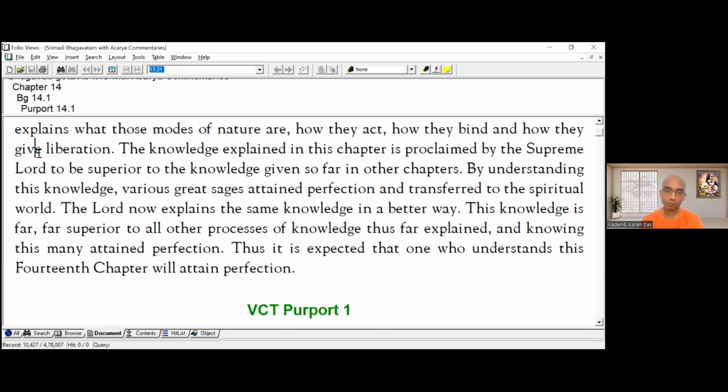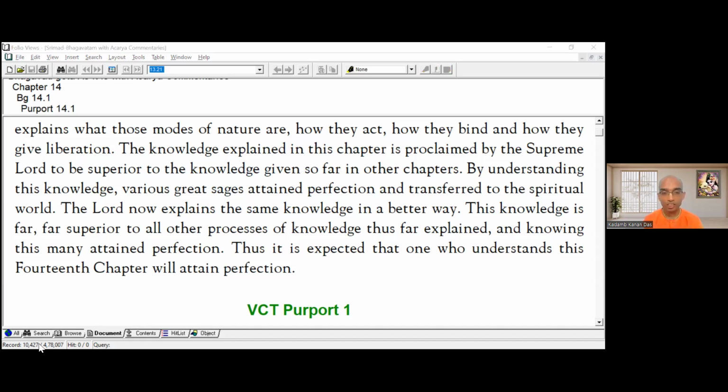By understanding this knowledge, various great sages attain perfection and transport to the spiritual world. The Lord now explains the same knowledge in a better way. This knowledge is far superior to all other processes of knowledge thus far explained, and knowing this, many attain perfection. Thus, it is expected that one who understands this 14th chapter will attain perfection.